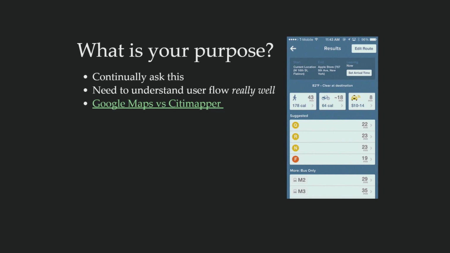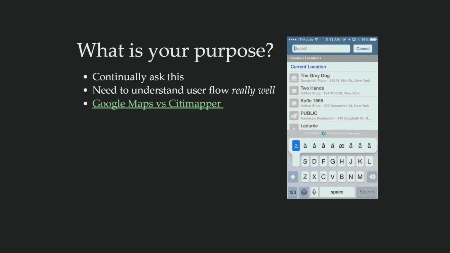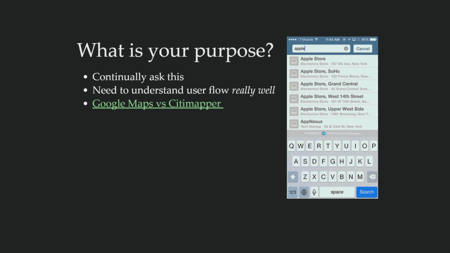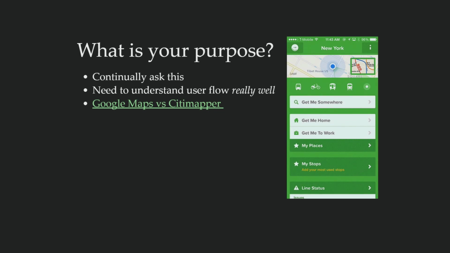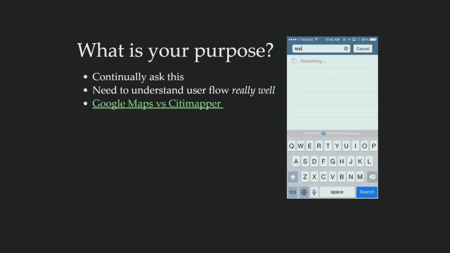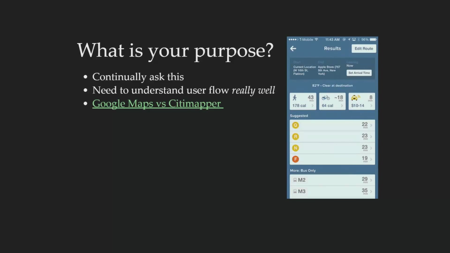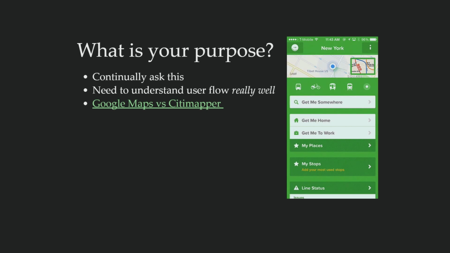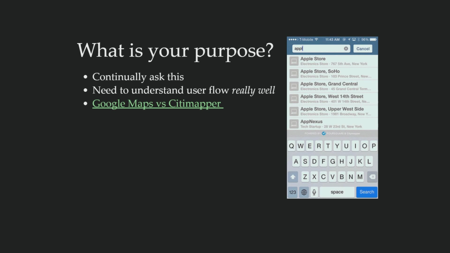But they understood user flow really, really well. They cut down the amount of time it took to find directions to a location from about 20 seconds on Google Maps to 10 seconds, which is half of the time. That just takes understanding user flow really well, keeping the transitions between pages really short, and fulfilling the purpose of the application well.